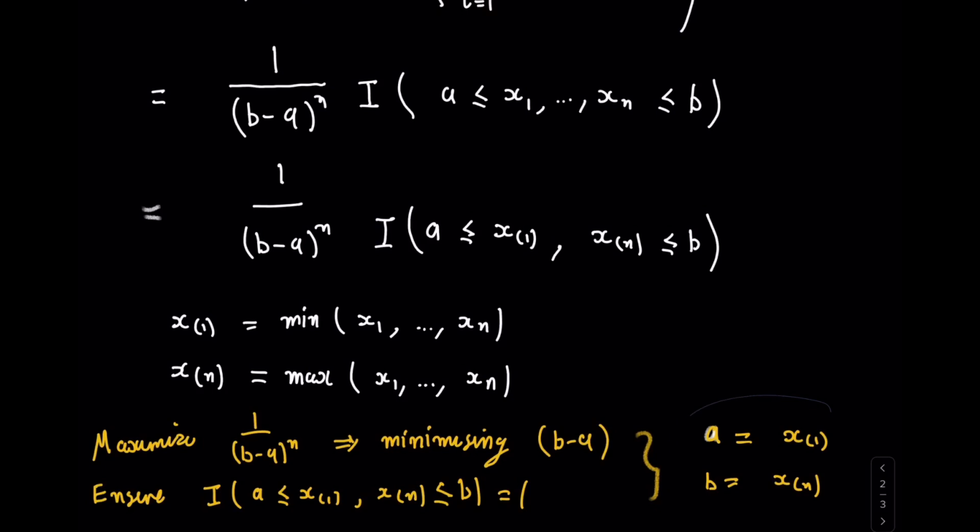Because one, this ensures that the first condition is true, and also it ensures that we are subtracting the lowest possible number in this expression from the highest possible number. And so those two things being true make these the maximum likelihood estimators.